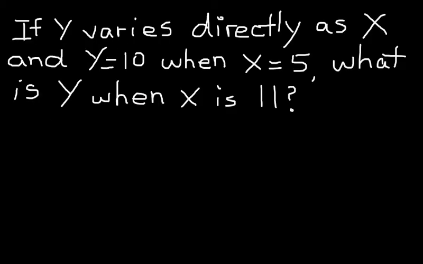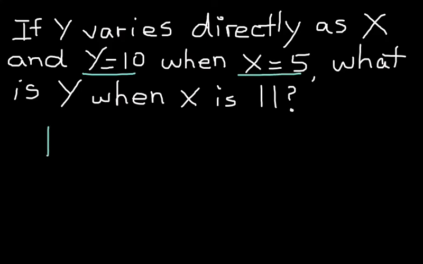Look at this right here. If y varies directly as, and sometimes you'll use the word with, directly as x, and y equals 10 when x is 5, what is y when x is 11? So what we need to find first here is, what is that constant of variation? Since we're given y and x, we can find that k.